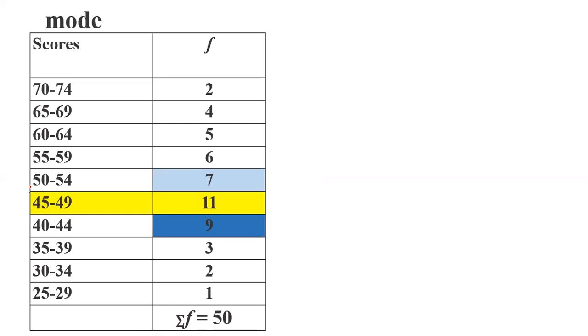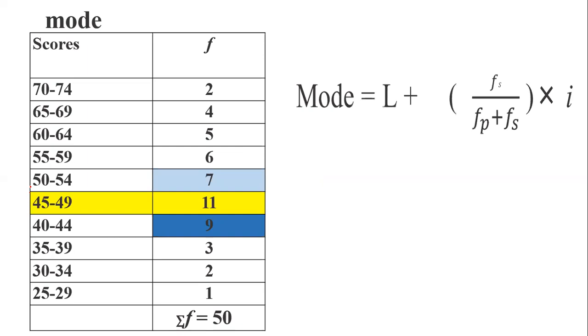So we are going to apply our formula. Our modal class L is, as shown, 45 to 49. But we don't use 45 to 49 now; we use the boundaries.